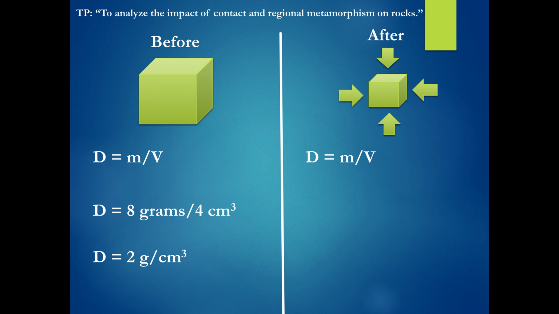Now the volume was cut in half, and half of 4 now is 2 centimeters cubed. Alright, the mass stays the same because we didn't add anything to it. All we did was just put pressure on this material. Alright, so now 8 grams over 2 centimeters cubed will give you a density of 4 grams per centimeter cubed.